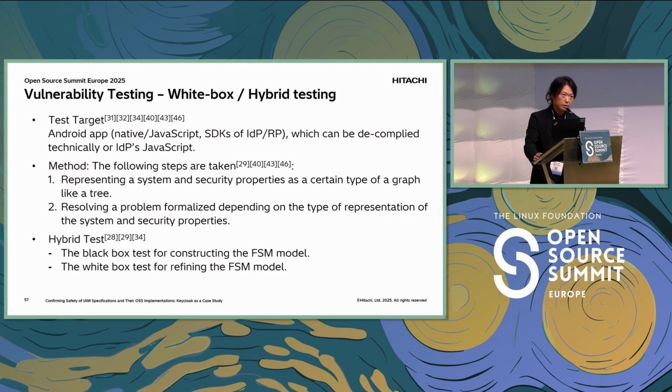After that, they solved the formalized problem by applying a method depending on the type of the representation. And regarding only the hybrid testing method, they usually used the black box testing method for constructing the FSM. And after that, they used the white box testing method to refine the FSM model.